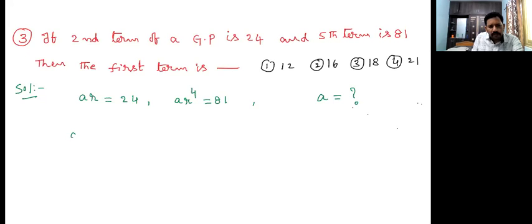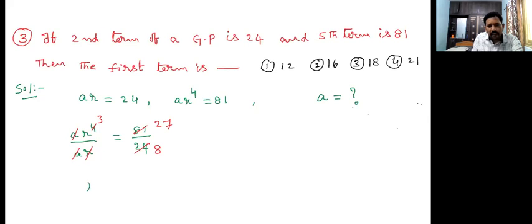Divide both: AR power 4 divided by AR. Then what happened? See, 81 divided by 24. See the calculation. A is going to cancel and 1 R is going to cancel. Remaining 3 R's are there. Here 3 8s are 24, 3 27s are 81. Students, have you understood how I am calculating?